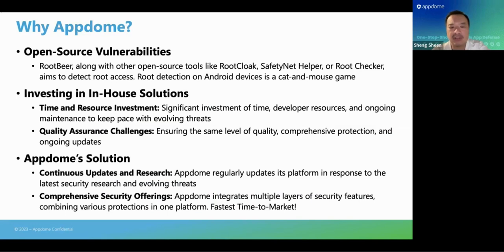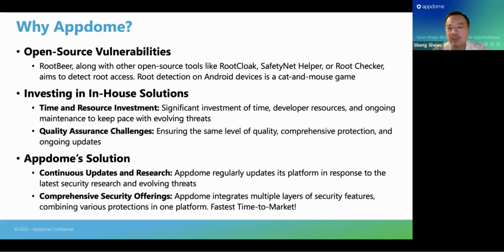As Sam mentioned, there are other open source tools out there like RootBeer, RootCloak, SafetyNetHelper from Google, and Root Checker. These have all been very pivotal, right, in the cat and mouse game we mentioned of root detection on Android devices.